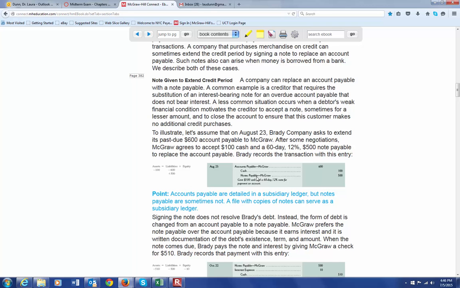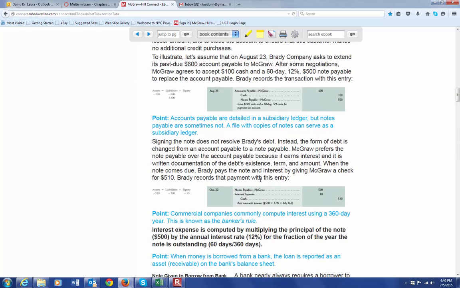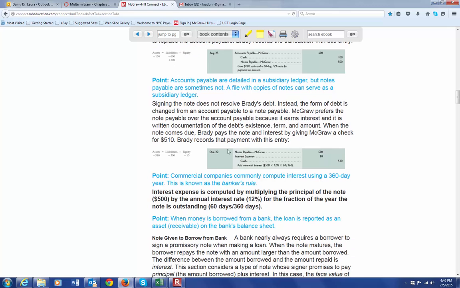Still a current liability like accounts payable is, but now it's moving from accounts payable to notes payable. So they owe $500, but they also put in here that it's a 60-day, 12% note. So that's what it explains here. The form of debt has been changed from an account payable to a note payable.